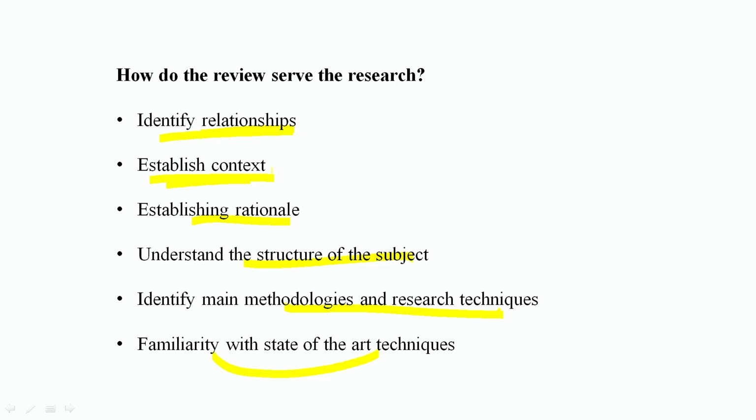If we are thinking about qualitative research, we already know context is important. So, establishing the research context can be done while you are going through other literature, and you can justify why this particular study is important. Establishing the rationale is possible, and how the subject matter is presented in different research also helps a researcher to conduct his or her study.